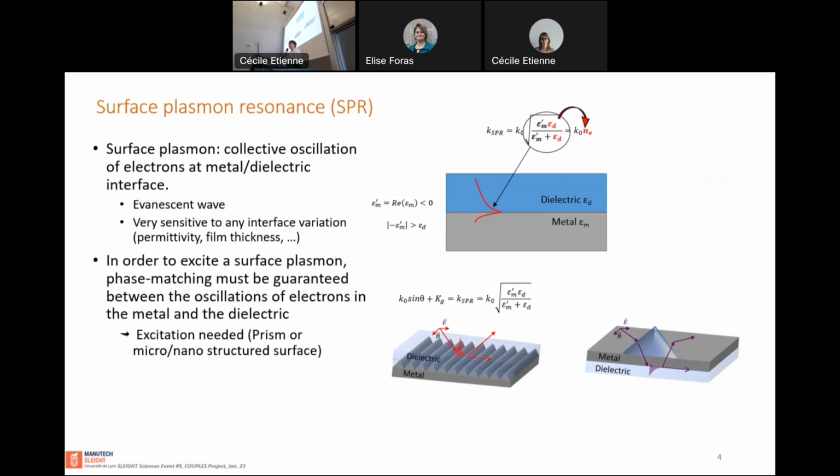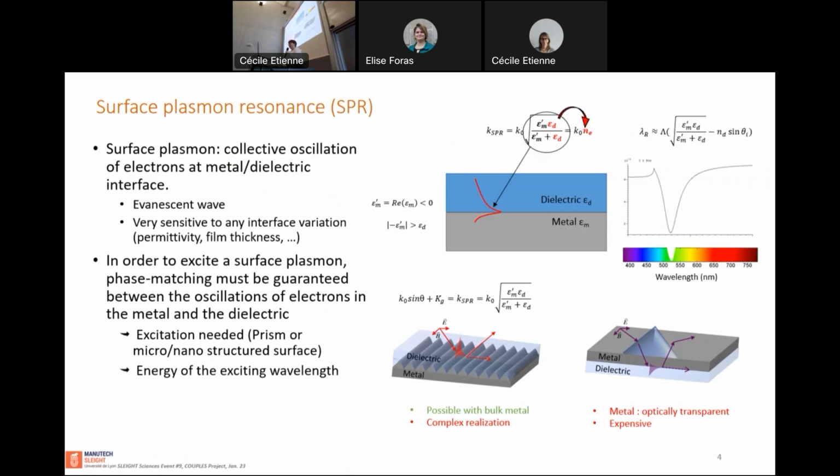Since there's a consumption, there's a risk that the totality of the metal is consumed. But with a micro-nanostructured surface, it is possible to use bulk metal. So even though there's a consumption of the metal, there's no risk of a modification of the thickness seen by the surface plasmon resonance.